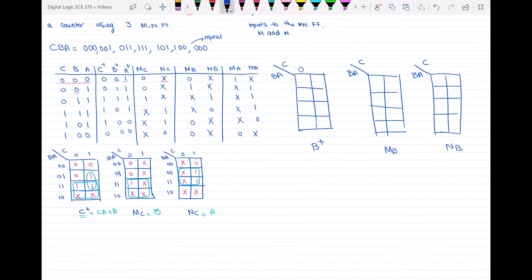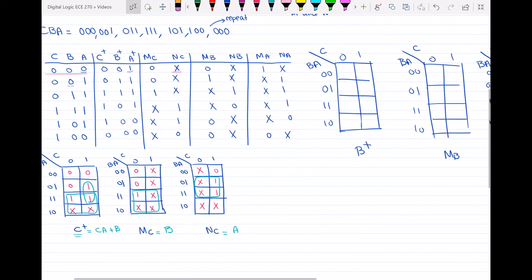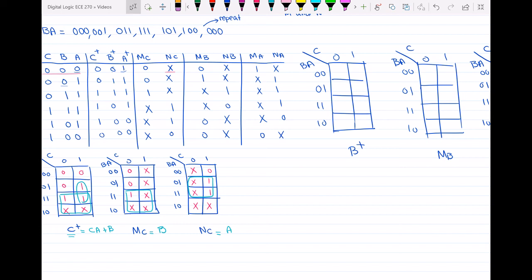So we have 0, 1, 0, 0, 0, 1 here. So the same procedure as we were doing before for flip-flop C. Now I will do everything for flip-flop B.